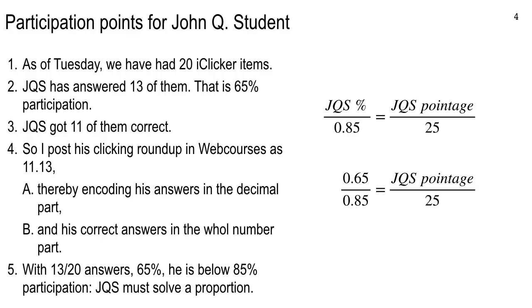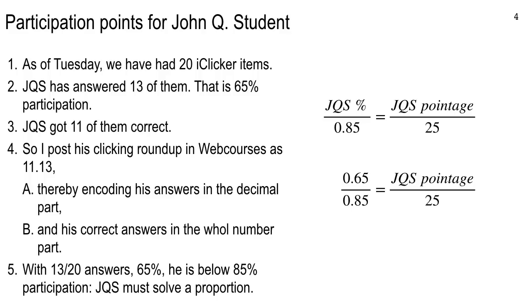Now, I'm going to ask you a clicker question here in just a second. So have your clickers out. Let me just set it up here. It's going to be numeric.